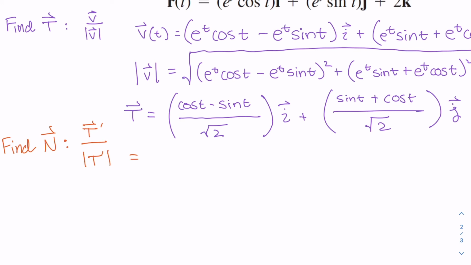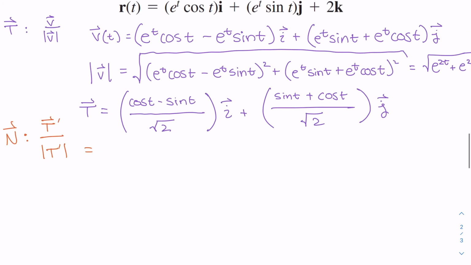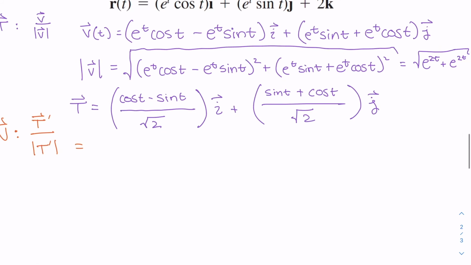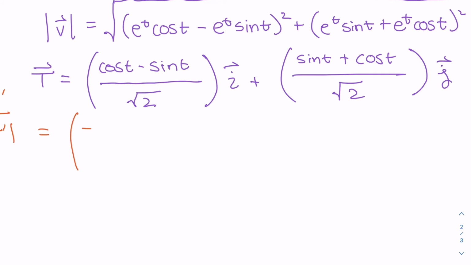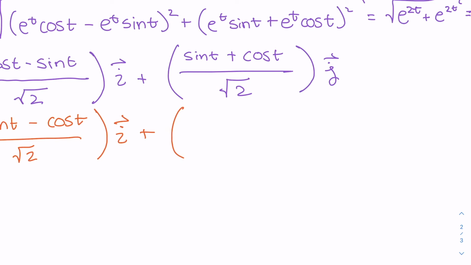So the derivative of the unit tangent vector in this case is going to be negative sine t minus cosine t, still all over the square root of 2 in the i direction, plus the derivative of sine is cosine t minus sine t, all over the square root of 2 in the j direction. Now let's get its magnitude.